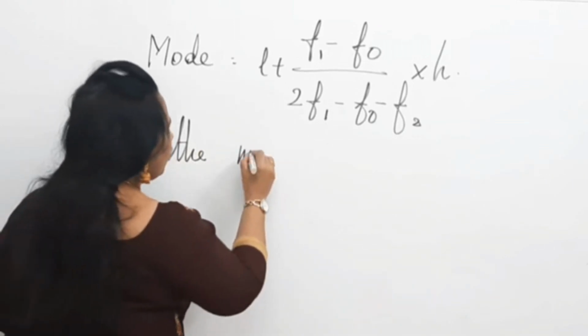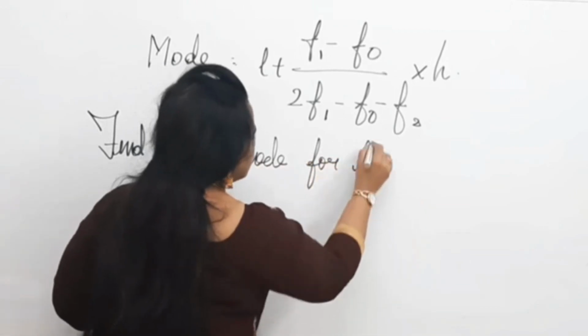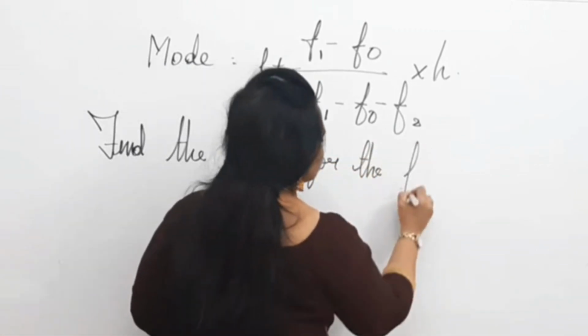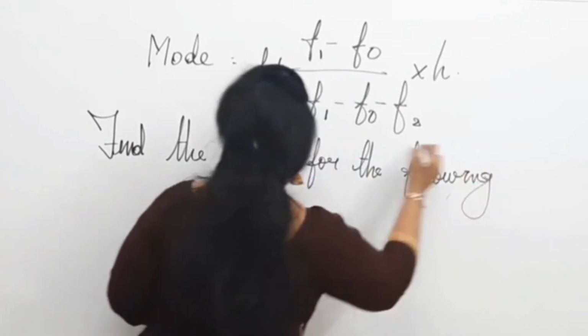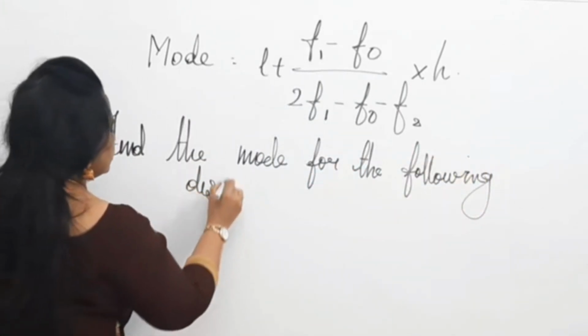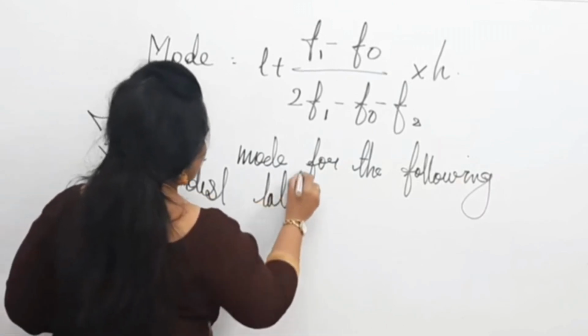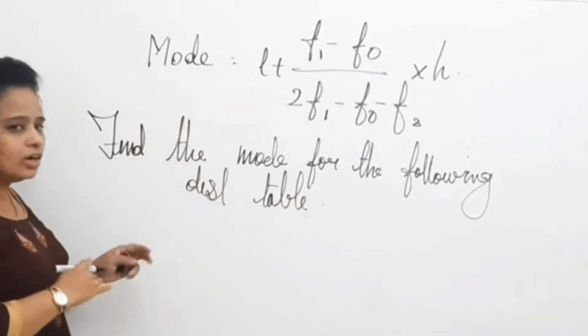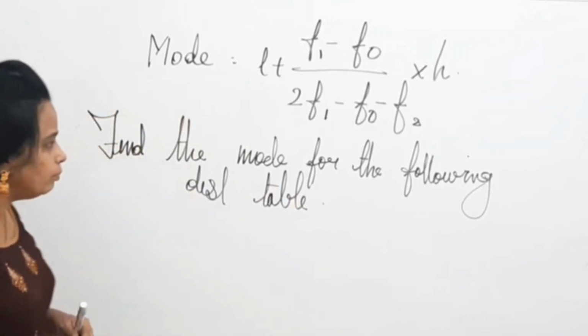Find the mode for the following frequency distribution table. This is how your question is going to be. Now I'm going to draw the table how the question would be given.